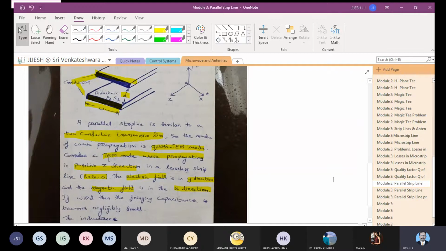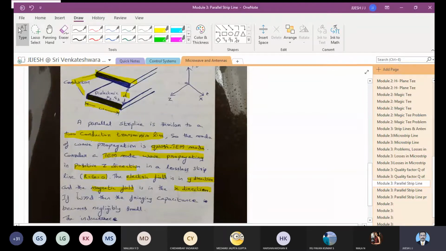This TEM wave propagates in the Z direction, as mentioned in the figure, in a lossless strip, where R is equal to G is equal to 0. The electric field will be in the Y direction, and the magnetic field in the X direction.